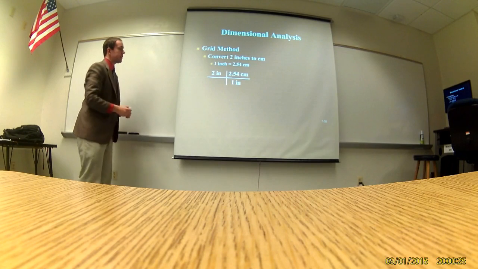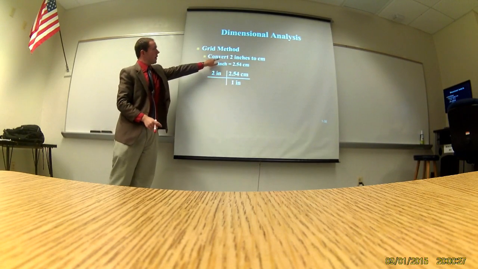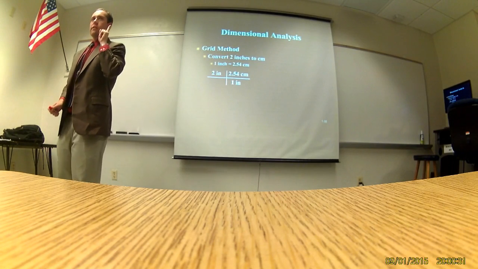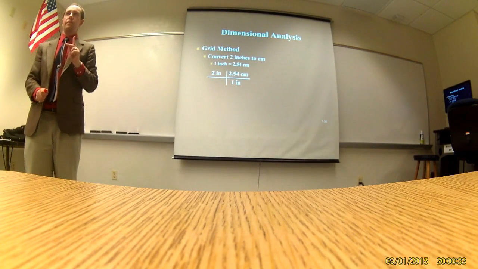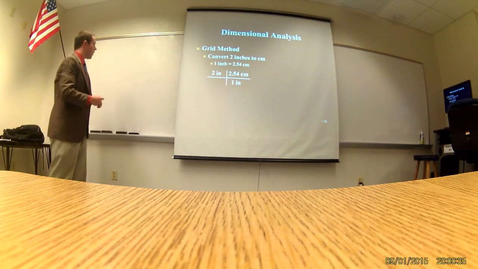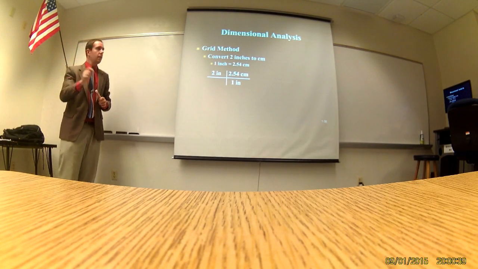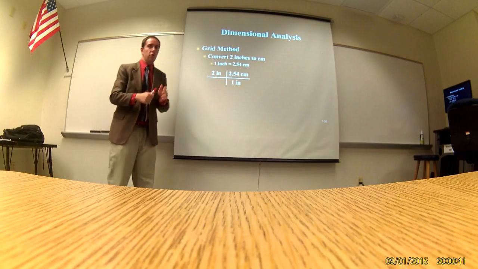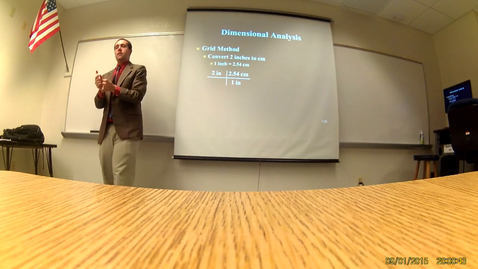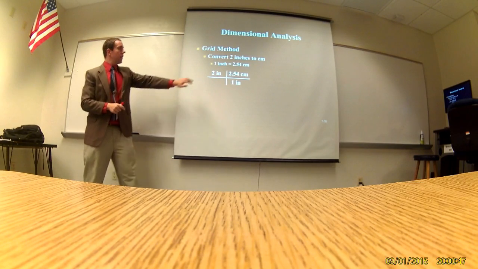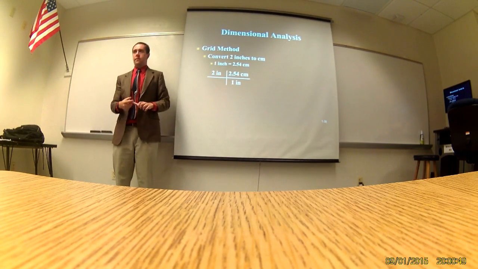So, very simple dimensional analysis. We're going to convert 2 inches to centimeters. What is our starting point? 2 inches. Where are we trying to get to? Centimeters. So then we look at, what directions am I given to get from inches to centimeters? That's just the conversion factor here.